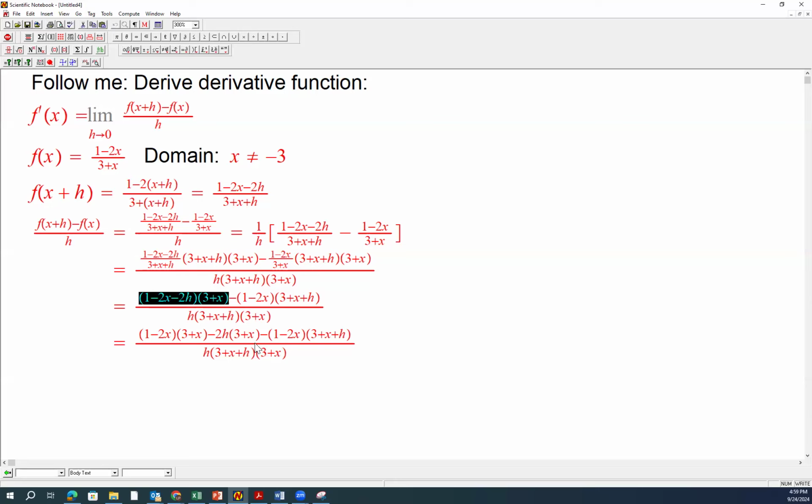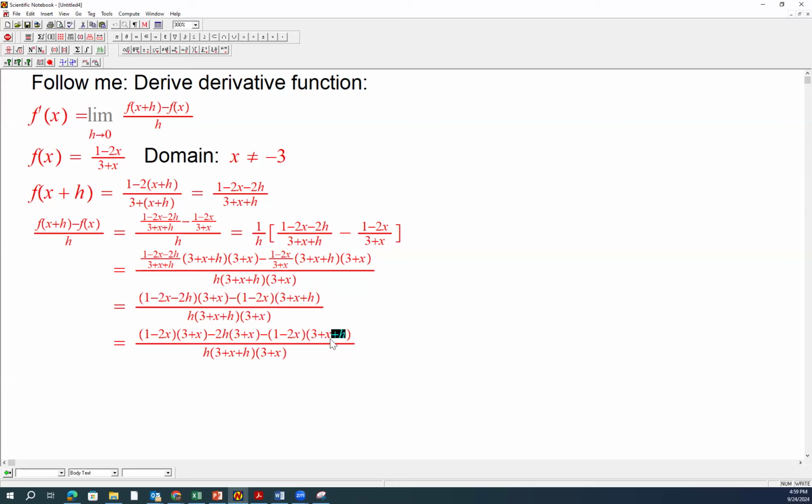I did not completely FOIL because I don't need to. I keep it nice and clean. 3 plus x multiplies the whole of that, which is in parentheses: 3 times 3 plus x, and then 3 plus x times negative 2h. I got that part. Second, this time there's a subtraction sign. I'm going to take 1 minus 2x times 3 plus x.